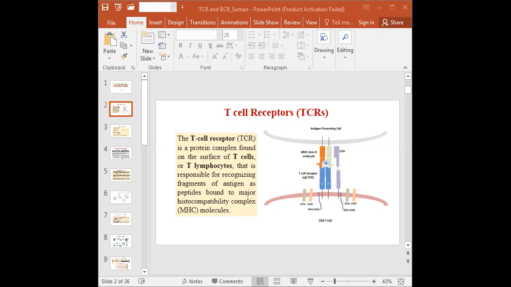So this is the function of the receptor. As would be expected, the antigen recognition domain differs greatly, while the signal transduction domain shows very little variation between different antigen receptors.